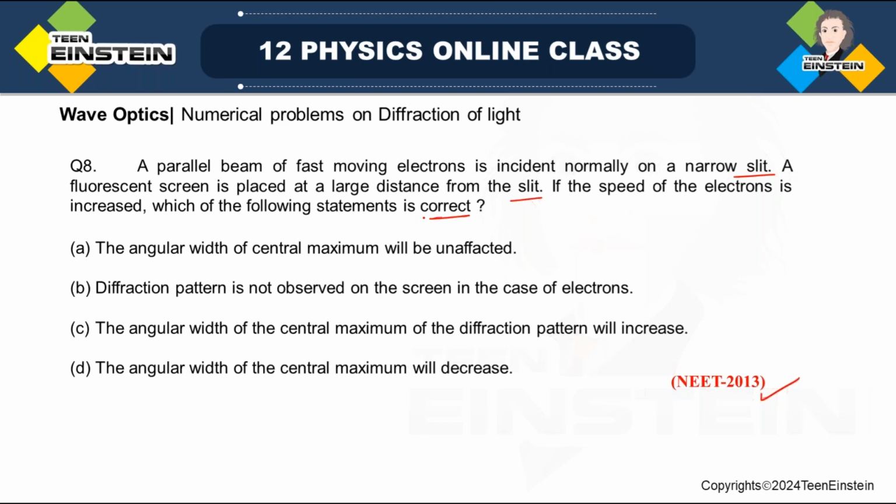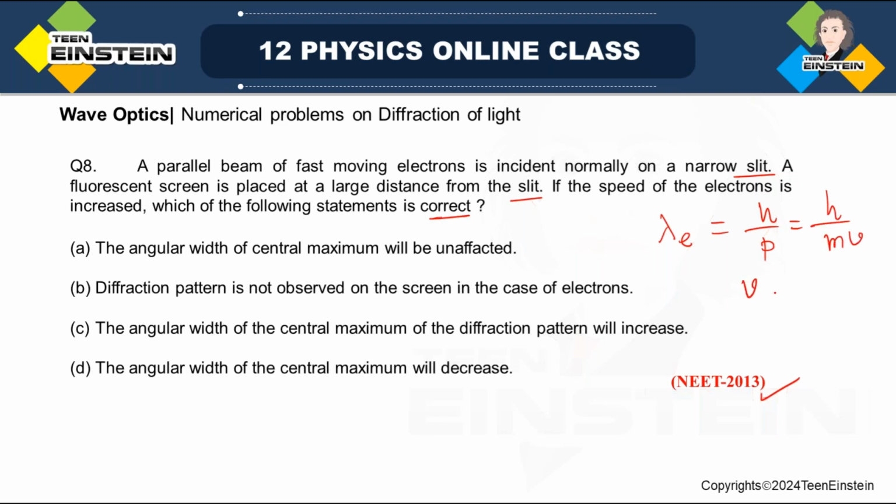When we have electrons, the wavelength of the electron is the de Broglie wavelength, that means matter wave. It is given by h by p according to de Broglie's hypothesis, or h by mv.